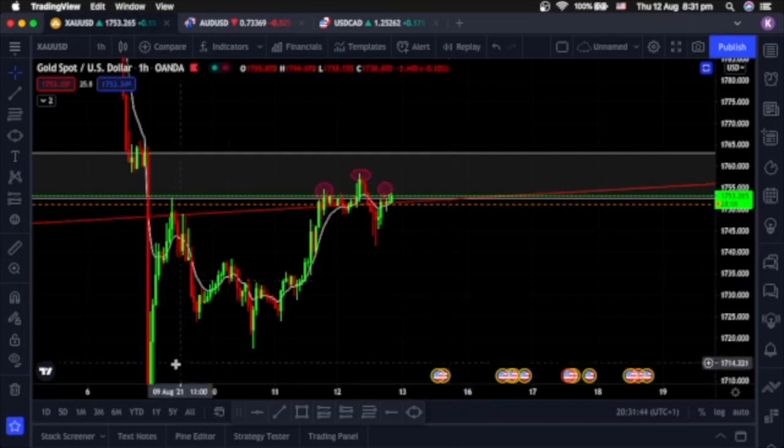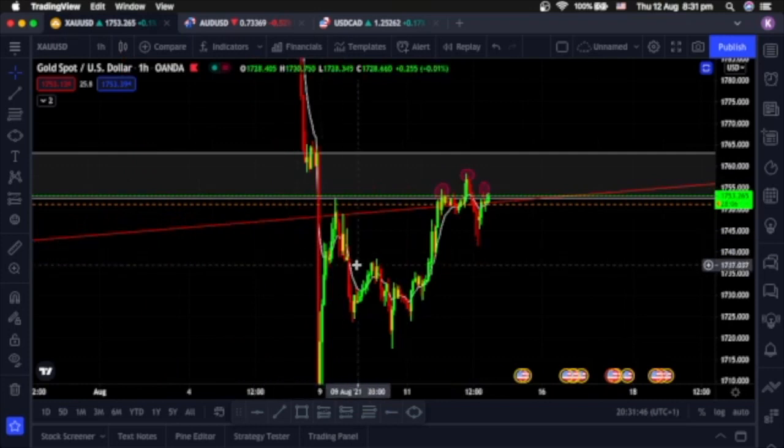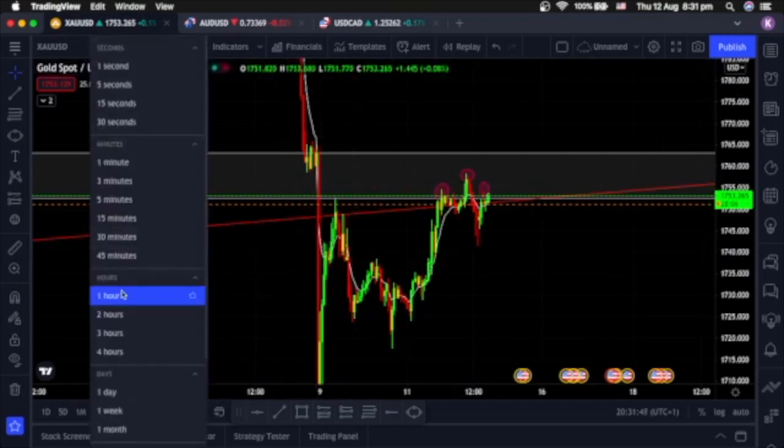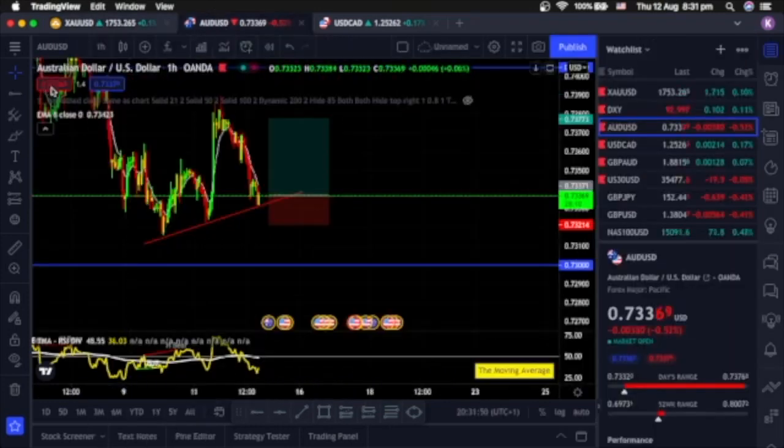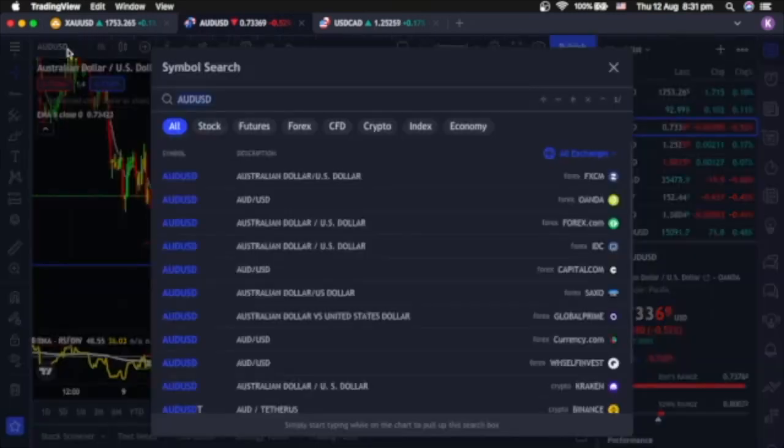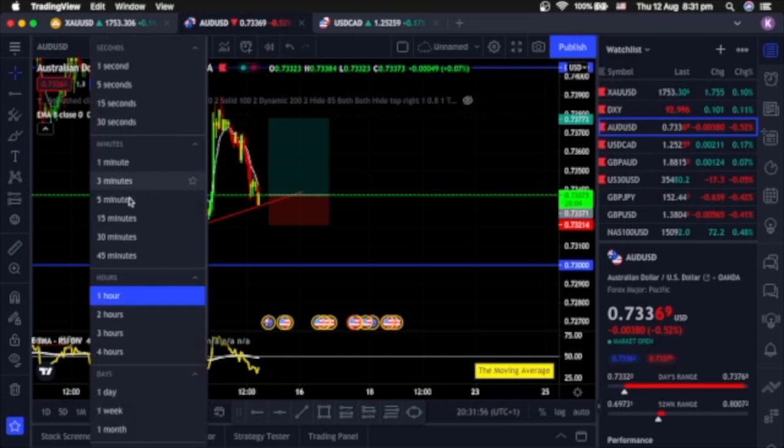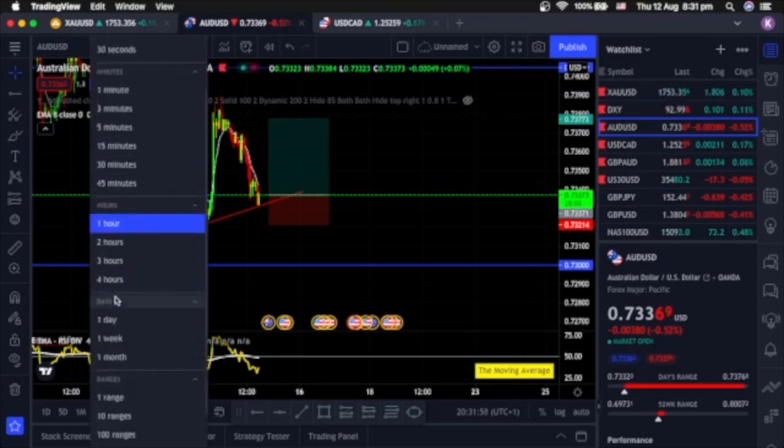So I always start by looking at my chart. As you can see, I usually go to, let's go to AUD/USD. It's a very good pair, and it really respects its key levels.